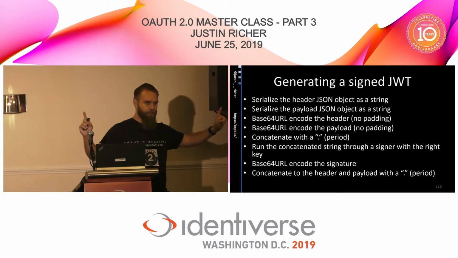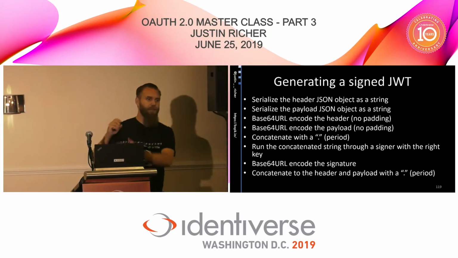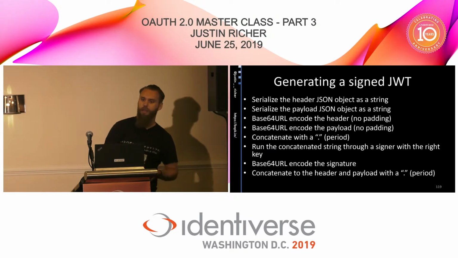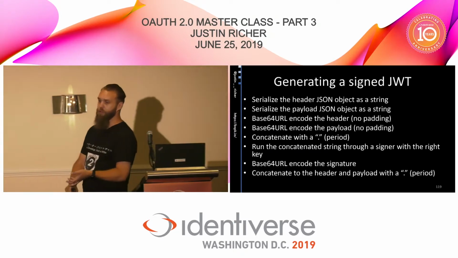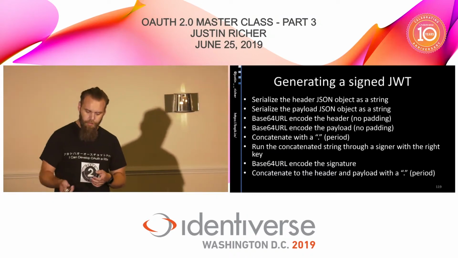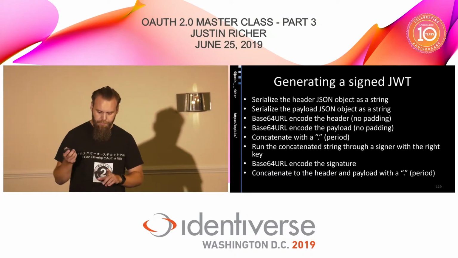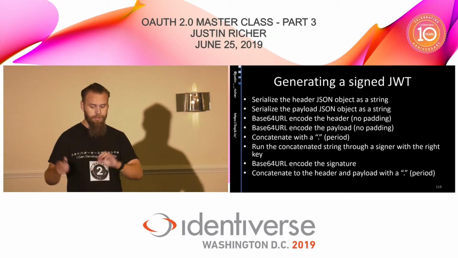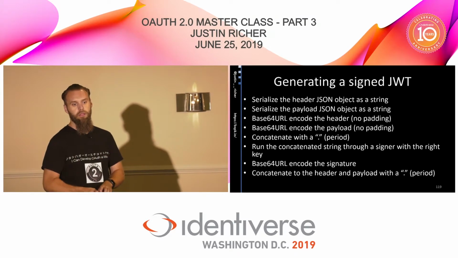I then take that string and feed it into my signature library with my key. Now this can be an asymmetric key, this can be a symmetric key, this can be elliptical curves. And then I put all of those together, and I base64 URL encode that and put all of those together, and that's how I get my JOT.